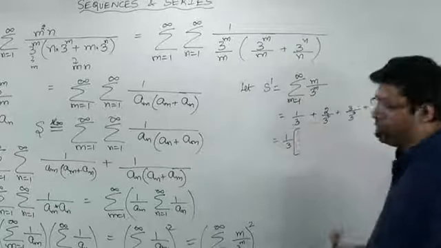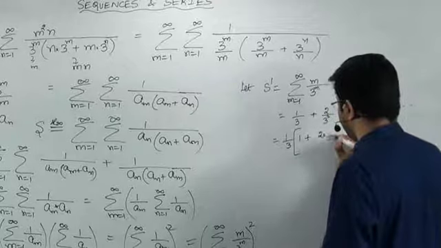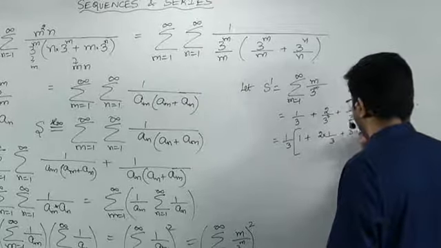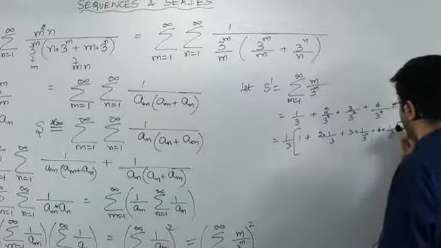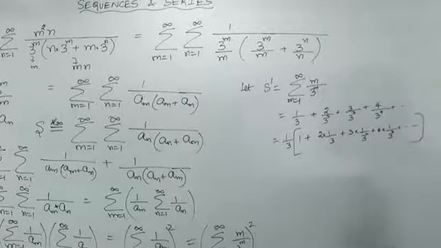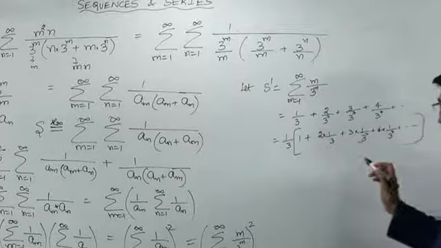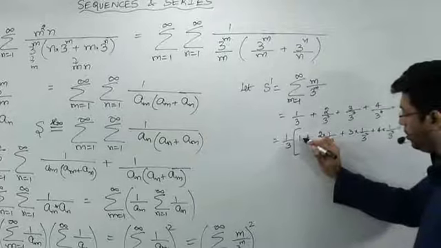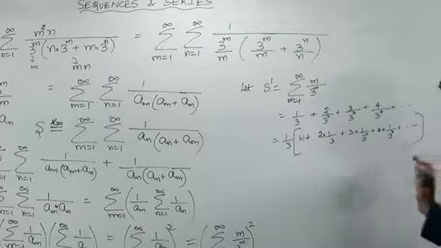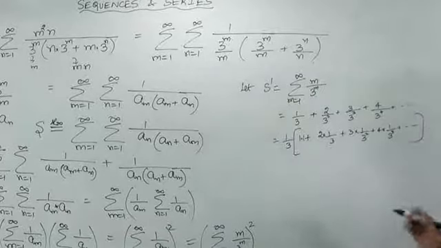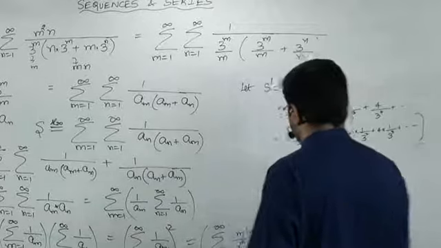If you take this 1 by 3 out, then the AP is 1, 2, 3 with common difference 1, and the GP is 1, 1 by 3, 1 by 3 squared, etc. Common ratio 1 by 3. So this is 1 by 3 times.